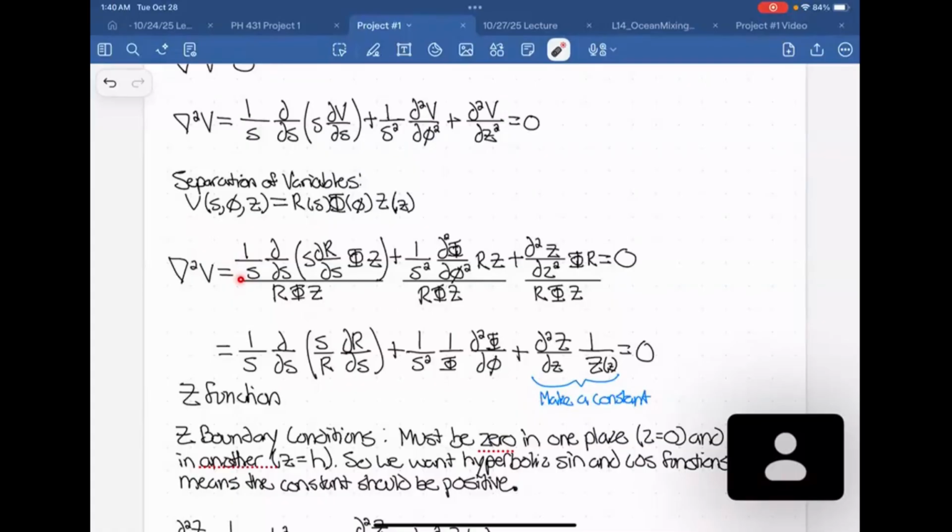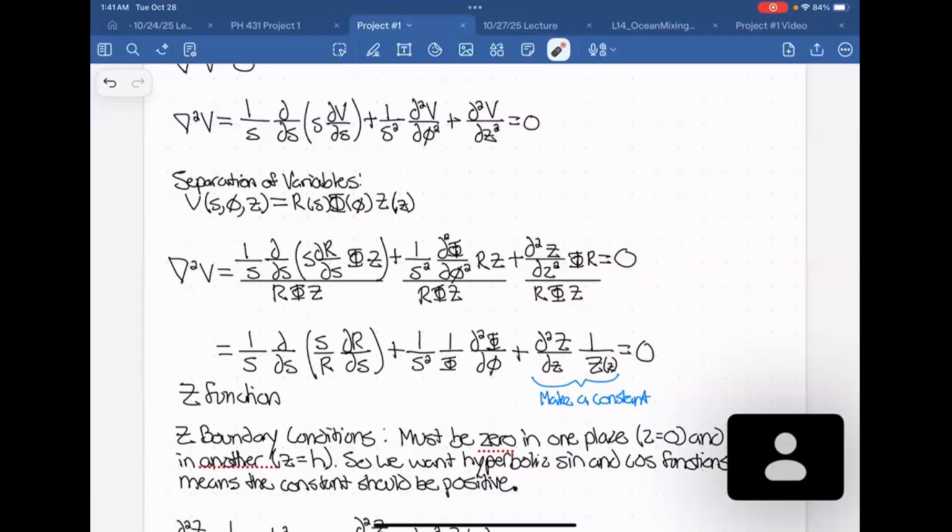So we end up with something like 1 over s d ds times s dR ds times phi and z, plus 1 over s squared d squared phi over d phi squared times r times z, plus d squared z over dz squared times phi times r, equals 0.